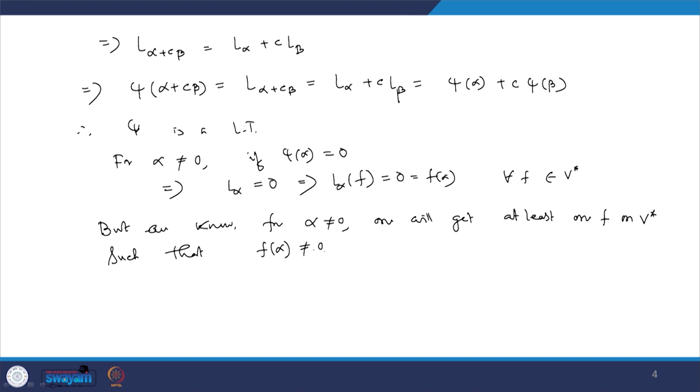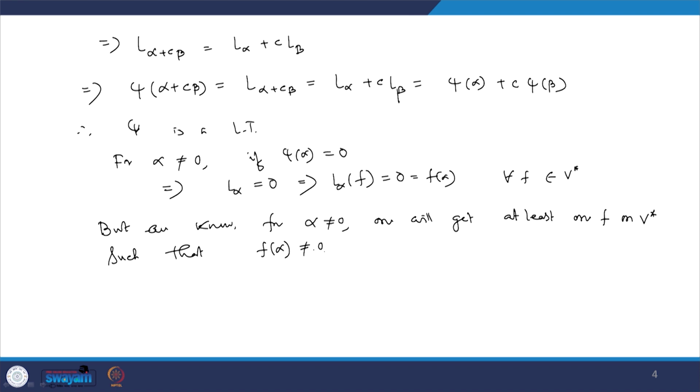Already we have explained in our previous lectures, if we consider a non-zero element in V, one can immediately find out a non-zero linear functional f on V star such that f of alpha not equal to 0. So, based on that we have a non-zero linear functional.